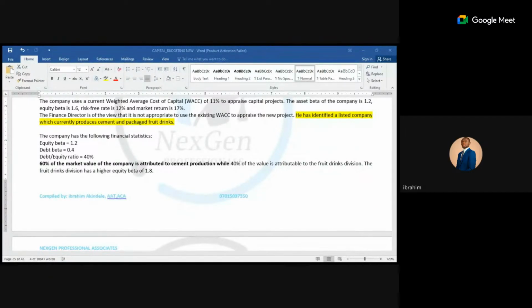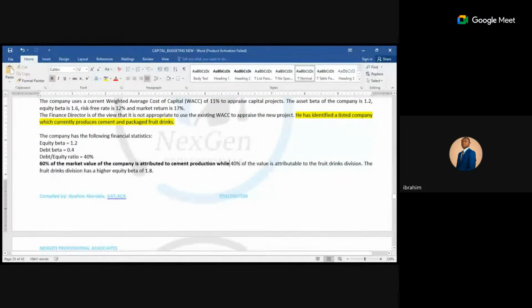That is the reason why they said after the paragraph, 60% of the market value of the company is attributable to cement production. Why 40% of the value is attributable to the food drink division?